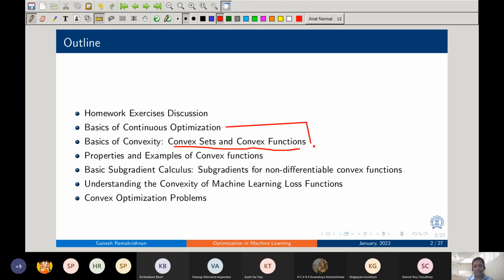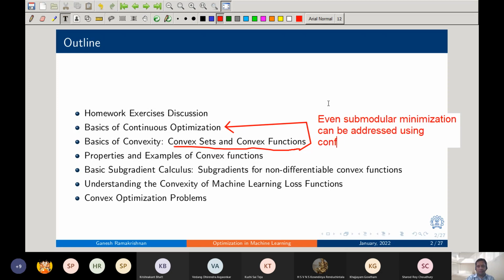So it's with basically continuous optimization in mind that we talk about convexity, but they also have a role to play in discrete optimization problems. Even, say, submodular minimization can be addressed using convex reformulations.